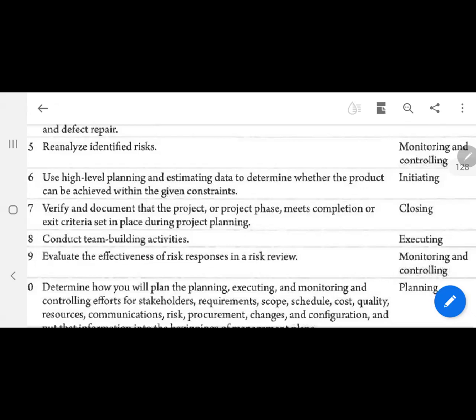See, just the word evaluate the effectiveness. And you know, implement risk response and monitor risk, a risk review, is part of the monitor risk process.